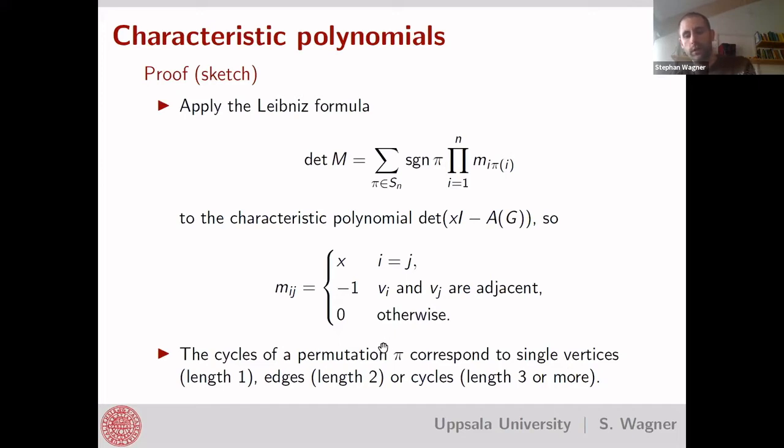But if that's not the case for a certain permutation pi, that the cycles of the permutation do not correspond to cycles in the graph like this, then some entries in this product are 0 and I have no contribution, basically. So that way I have a correspondence between permutations and these subgraphs, and one can exploit that to get to the formula.